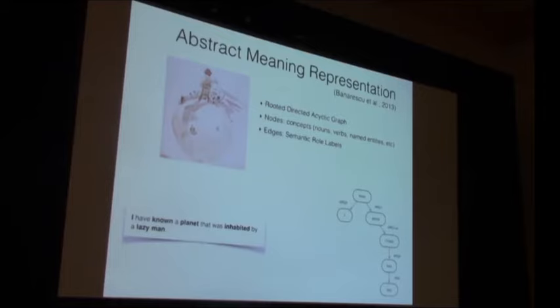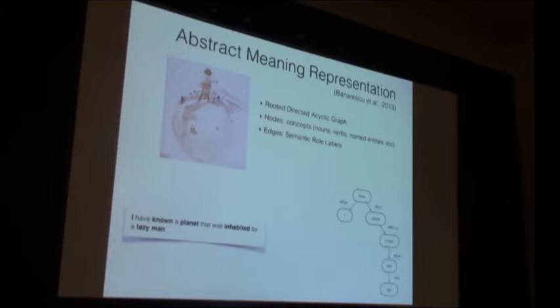So abstract meaning representation is a formal meaning representation of language, which is represented as an arbitrarily nested complex structure, which is described, as you can see on the right, by a directed acyclic graph. Okay, here it is a tree, but you can have re-entrancies which end up having cyclic graphs. Now, nodes are concepts, and these correspond to nouns, verbs, named entities, and so on.